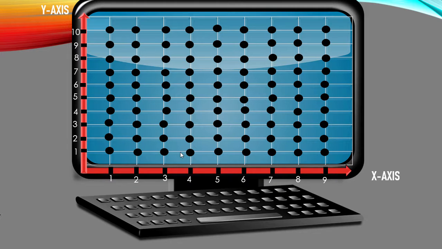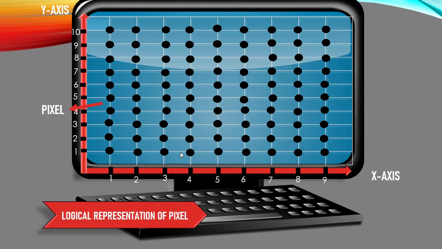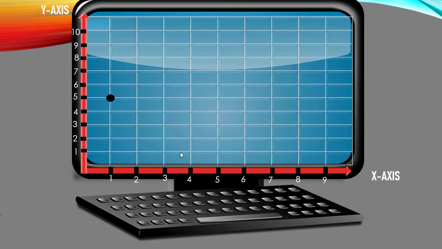Now, suppose our computer screen is divided into an x-axis and y-axis. When the x-axis coordinate value intersects with the y-axis coordinate value, one intersection point is created, and that intersection point is nothing but a pixel. This is called the logical representation of a pixel.